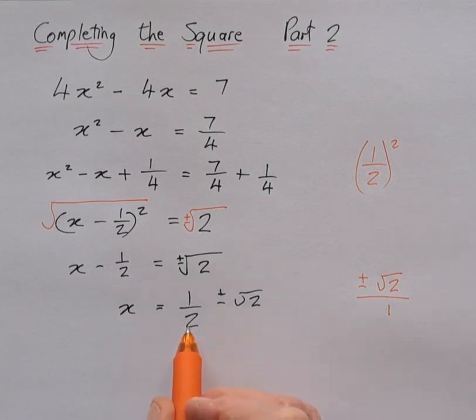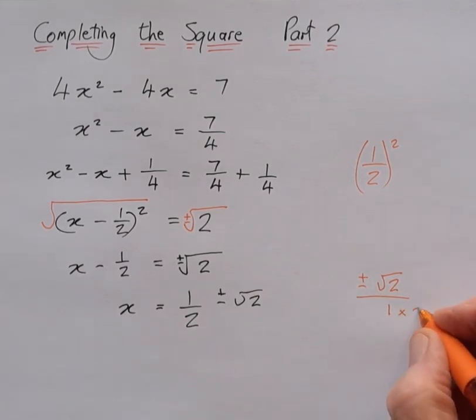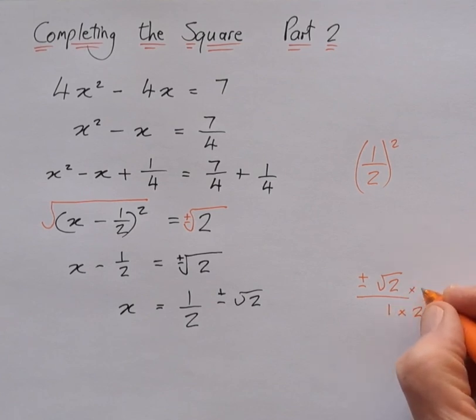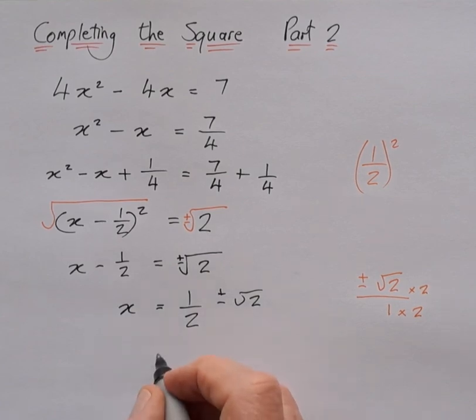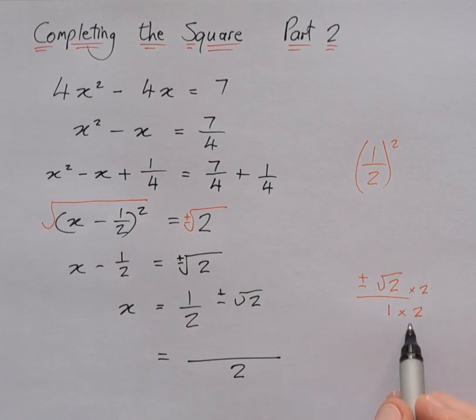But I want to have a denominator the same as this because I can't add or subtract unless I've got like denominators. So I need to make this denominator become 2. And then again, remember, whatever I do to the denominator, I have to do to the numerator. So my numerator, everything's going to be over 2 now because that's already over 2. And I'm busy converting this to be something over 2.